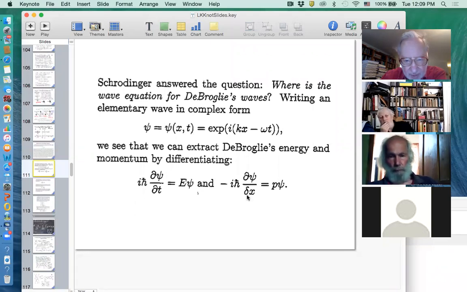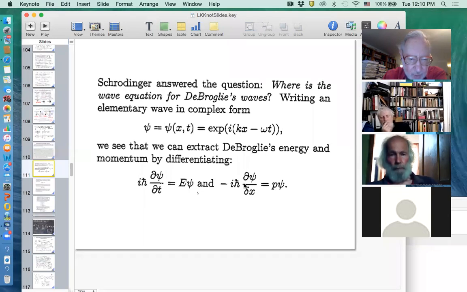So i h bar d by dt extracts energy from the wave, and minus i h bar d by dx, I don't know why there's a delta there, that should be just an ordinary d, is the momentum times the wave. Remember, momentum is h bar k. So by differentiating appropriately, you can extract the quantities that you want from the wave.